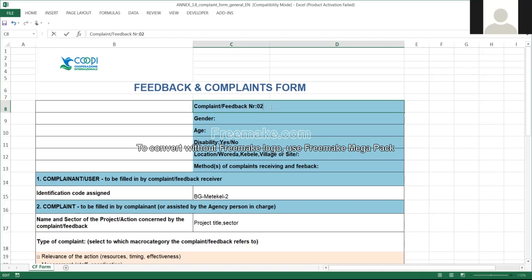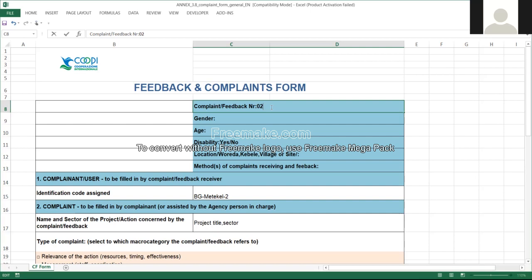So you record exactly what method of complaint receiving and feedback you used. Why do we register this? Later, in the second format, we will report all this information. So during recording or registering the complaints, you have to record all this information.